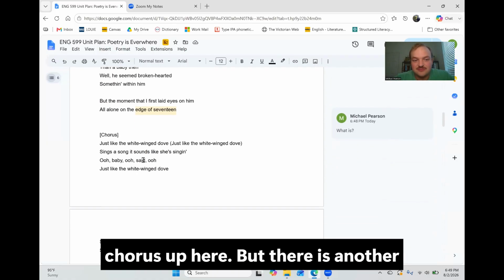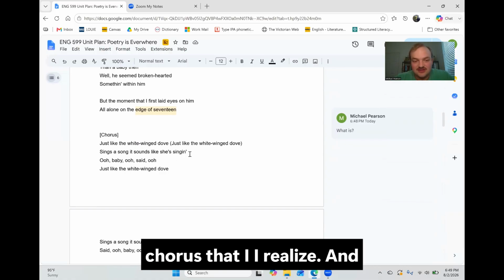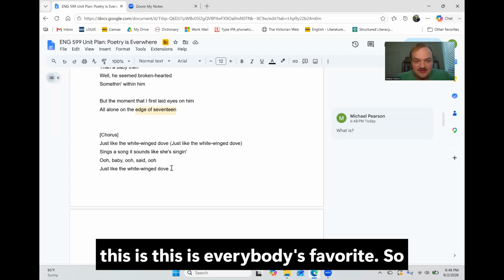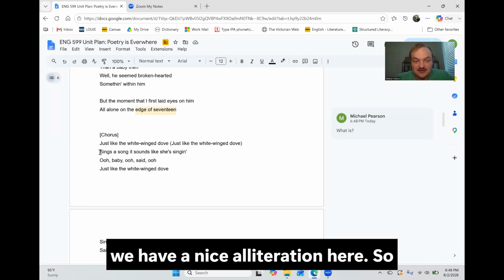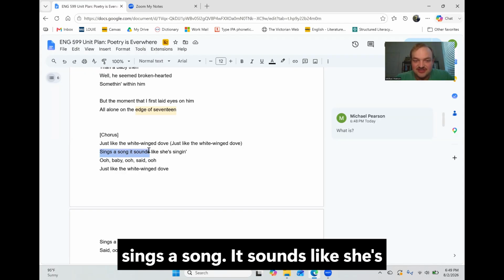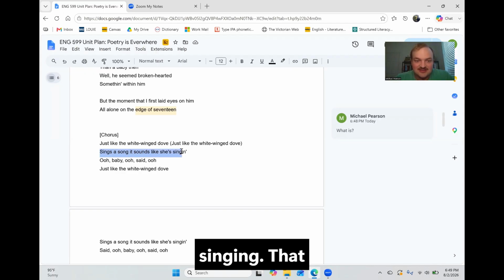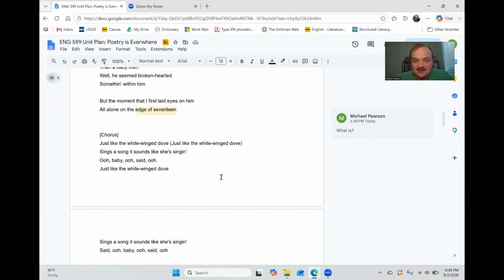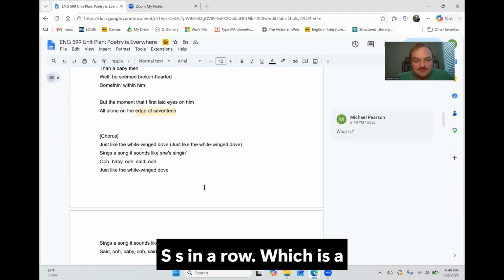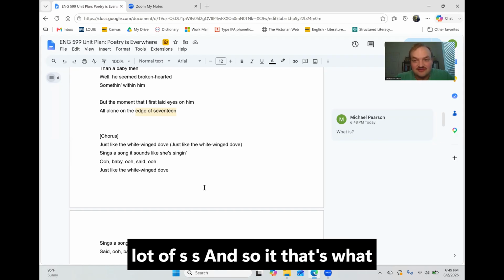But there is another piece of figurative language in the chorus that I realize, and this is everybody's favorite. We have a nice alliteration here. "Sings a song, it sounds like she's singing." That is one, two, three, four, five, six S's in a row, which is a lot of S's.